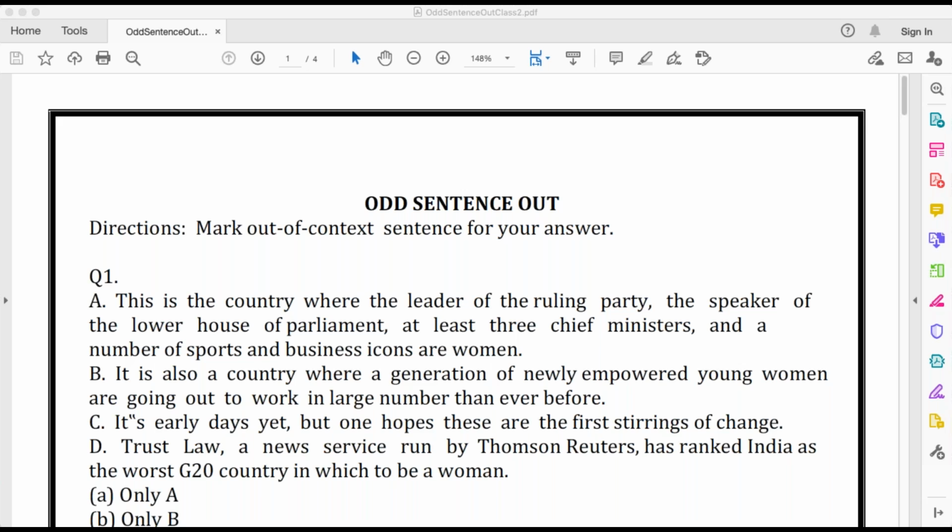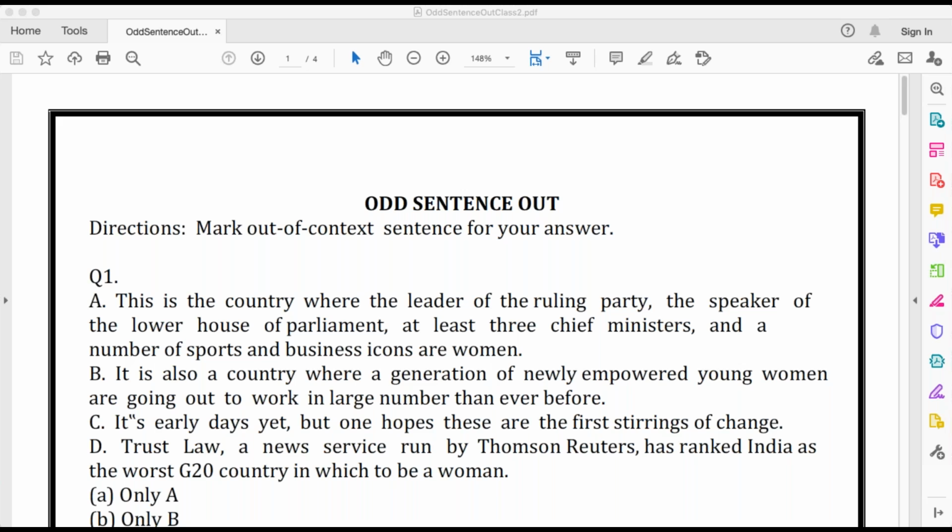I'll say that these sentences are similar, and any sentence which I cannot link with the other three or four sentences, based on the subject, a common pronoun or a common noun, I would mark as the odd sentence out.